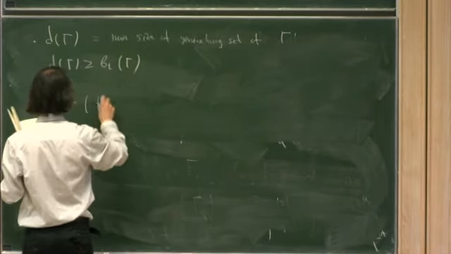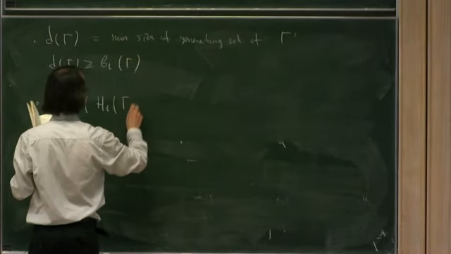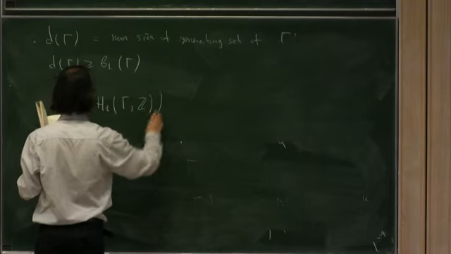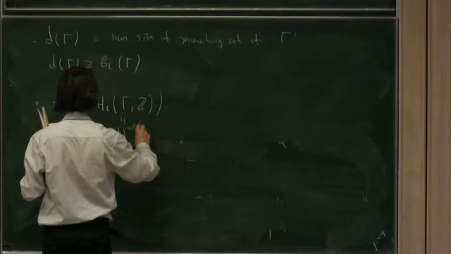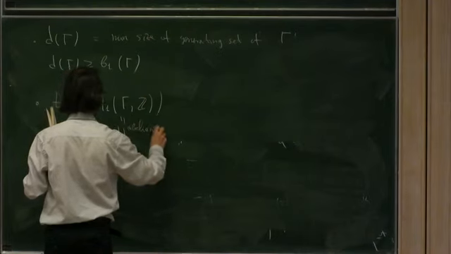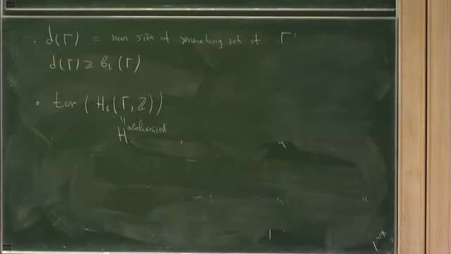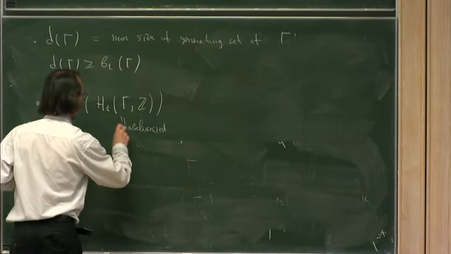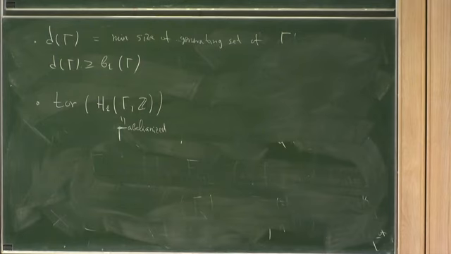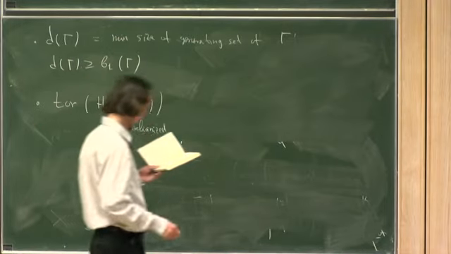Let's restrict just to the first homology group, so this is just the abelianization. If we abelianize Gamma, then you get a finitely generated abelian group, and we take the torsion subgroup, and the size of the torsion subgroup.